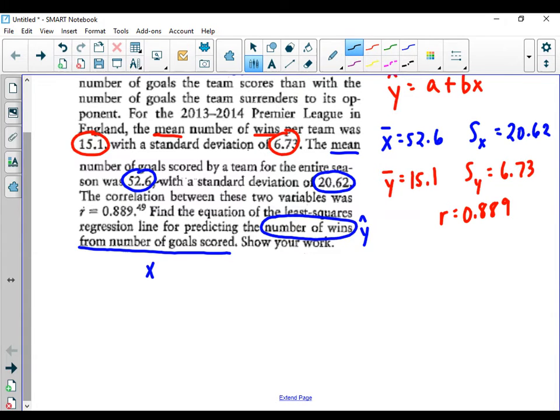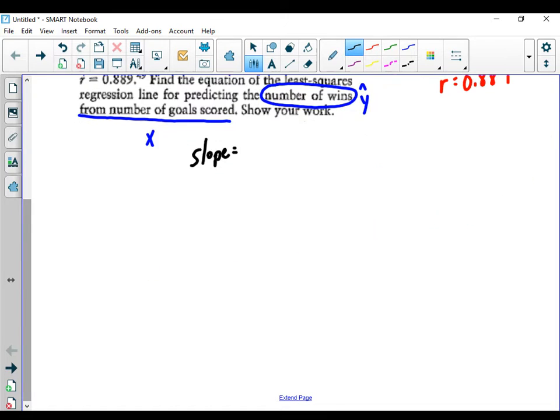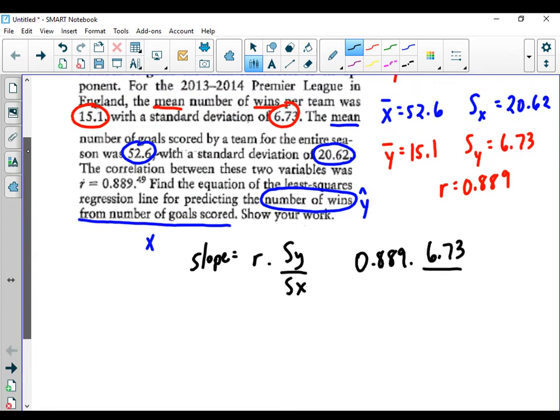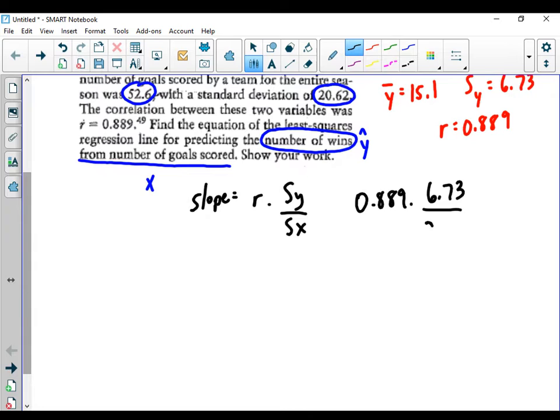Well, we started with finding the slope. So our slope, we decided, was the R value times the standard deviation of Y over the standard deviation of X. So for our problem here, the R value was 0.889 times the standard deviation of Y, 6.73, divided by the standard deviation of X, which was 20.62.